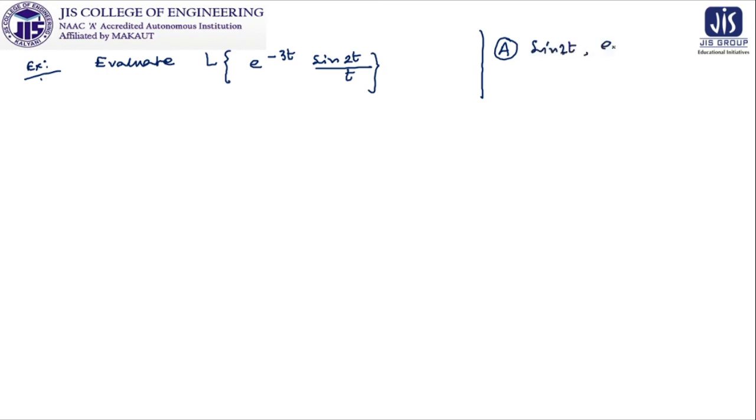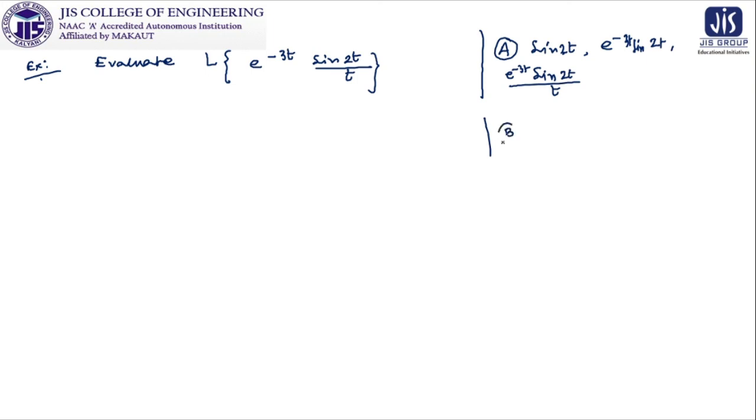then by first shifting property e to the power minus 3t sine 2t, then the property of division by t, so you can think for e to the power minus 3t sine 2t by t.